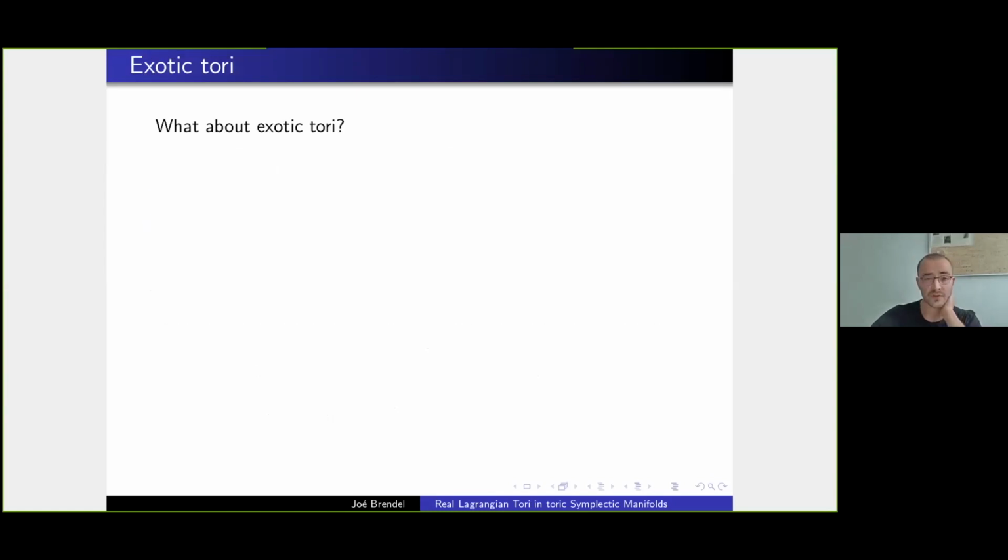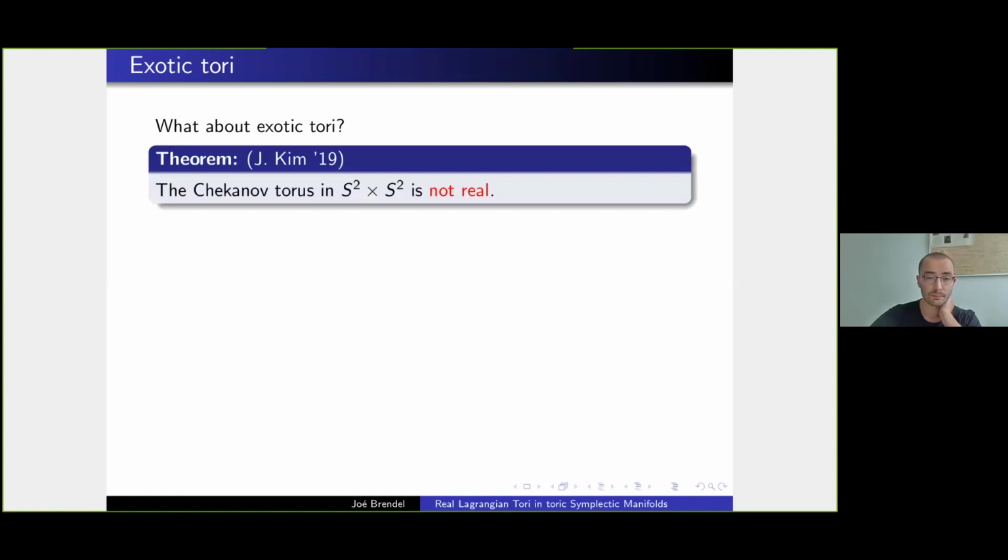So just a few words about exotic tori. The first result in that direction goes back to Junte Kim from last year, and he showed that the Chekanov torus in S2 cross S2 is not real. Of course, you might wonder why this is looked at in S2 cross S2.